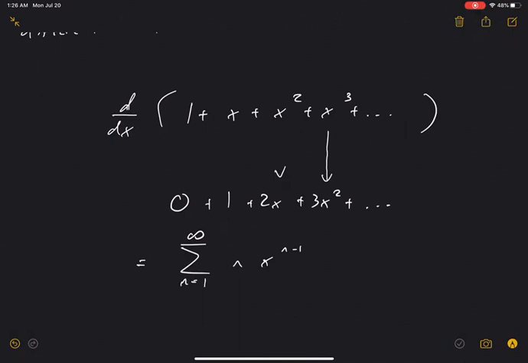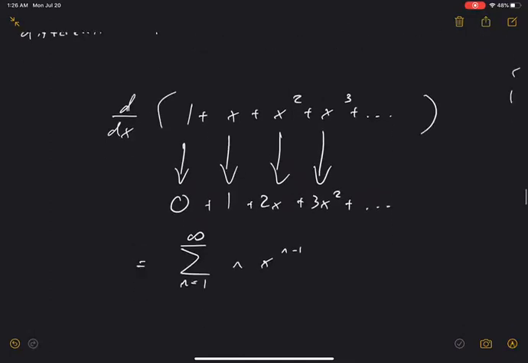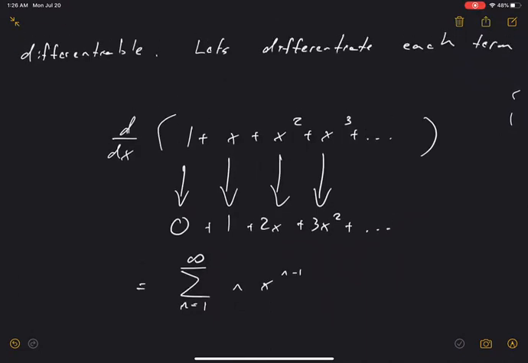So don't worry about why it works. Just assume it's fairly intuitively clear. It seems obvious that it should work like this, so don't worry about trying to prove it. It looks like the derivative of this power series should be this.